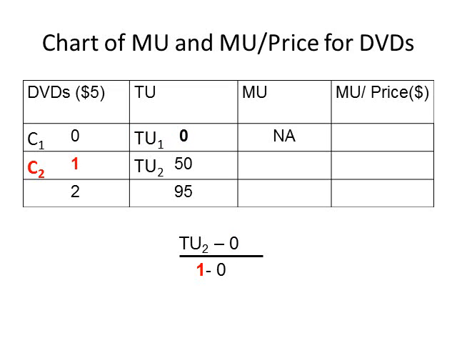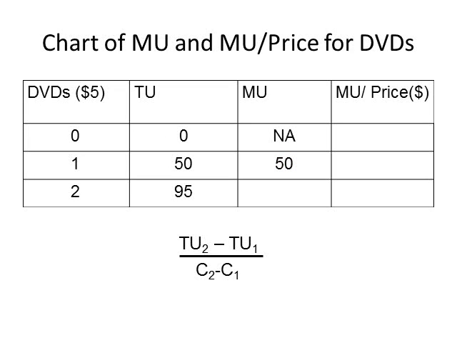We will substitute 1 for C2 in the formula, and TU2 will be 50. Next step is to subtract 0 from 50, which leaves us with 50. Our second step is to subtract 0 from 1, leaving 1. Next step is to divide 50 by 1, which means that this person has a marginal utility of 50 when they go from the consumption of 0 DVDs to 1 DVD.